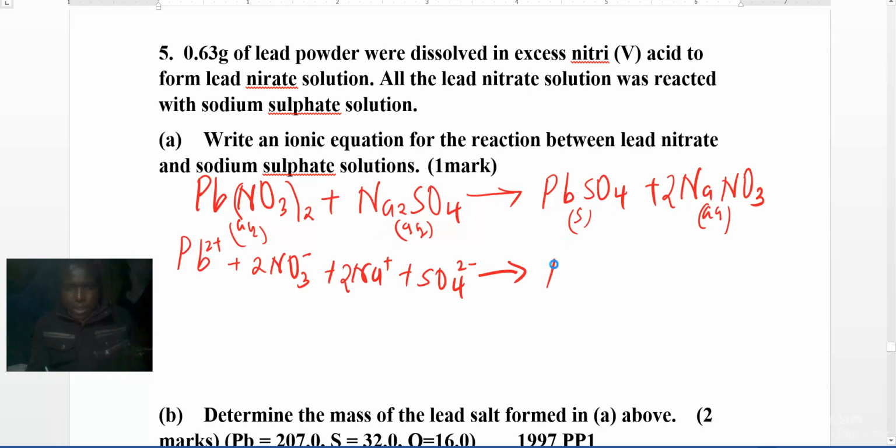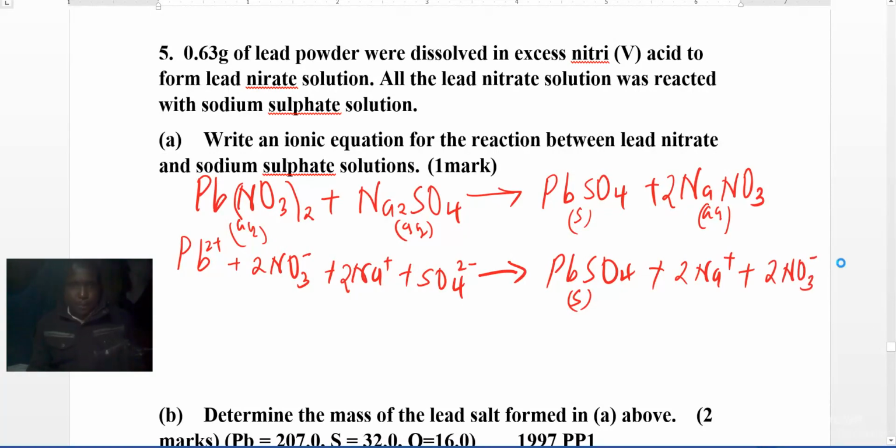This one remains lead sulphate, because if it is in solid, liquid or gaseous form, you don't write the ionic form. It just remains. Then this one is aqueous, therefore it will form 2Na positive plus 2NO3 minus.